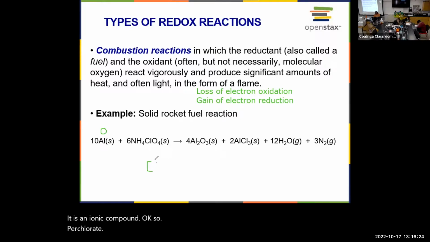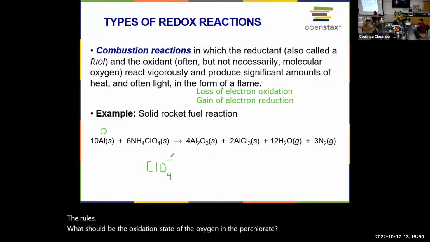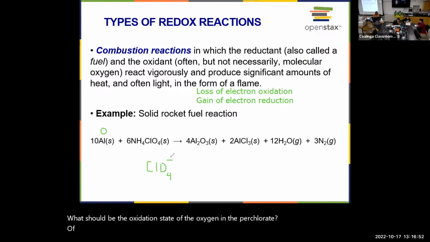What would be the charge of the ClO4? -1. Okay, so based upon the rules, what should be the oxidation state of the oxygen in the perchlorate? Yes, -2. So I'm going to put in -2 on top.